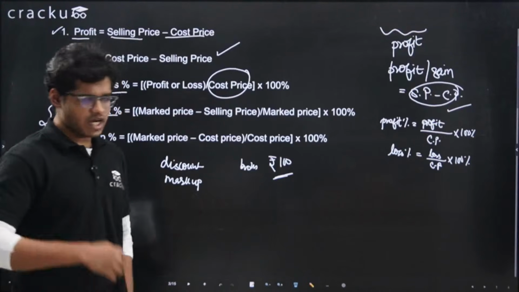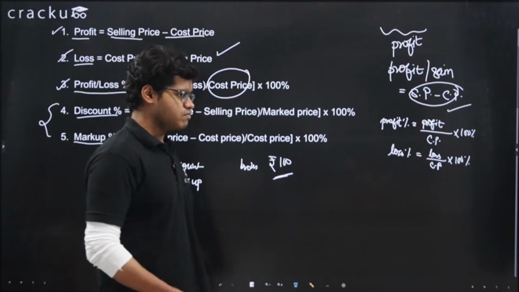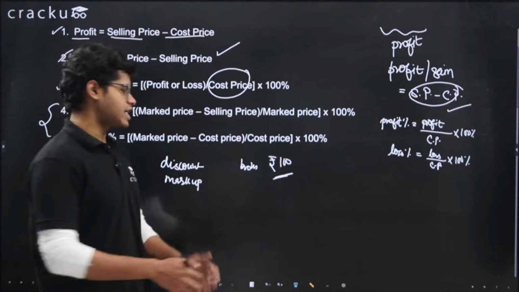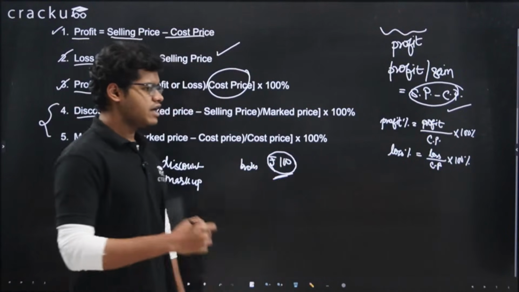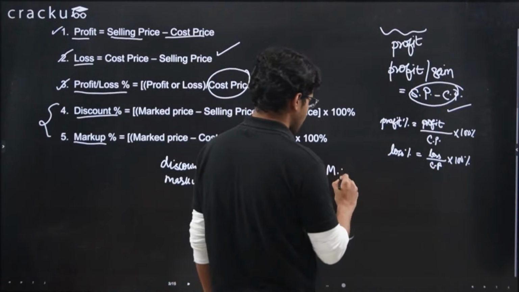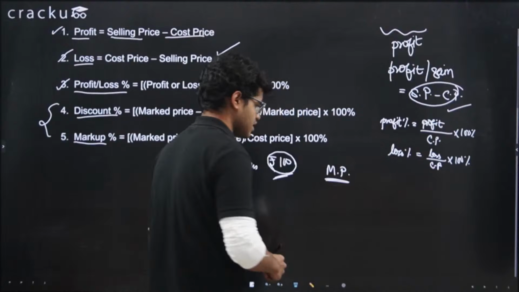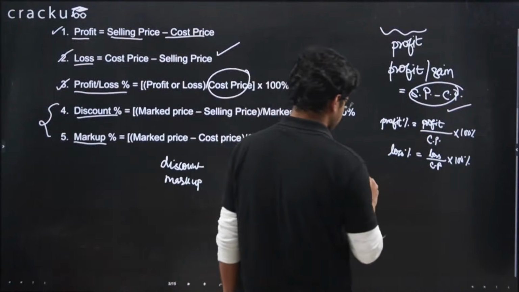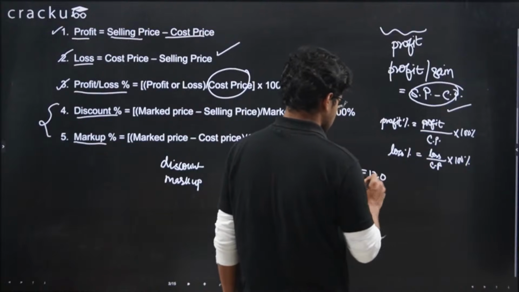So I will mark up the price of books. It means I will label the price of books as something greater than 100. This is called the marked price. Let's say we have increased the book prices to 120.